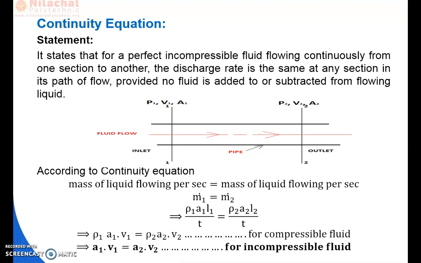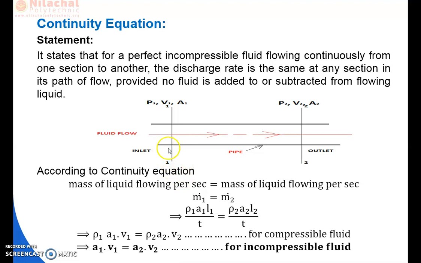Now let's go for the proof of the continuity equation. Let's consider a pipe as shown in the diagram. There are two sections, one is the inlet section, another is the outlet section.